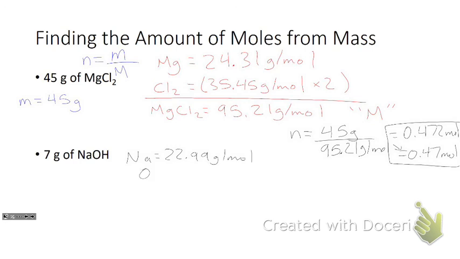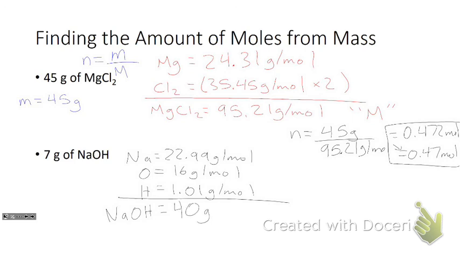Oxygen is 16 grams per mole, and hydrogen is 1.01 grams per mole. So NaOH is equal to a nice even 40 grams per mole.